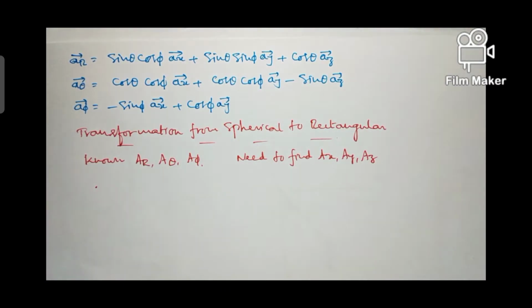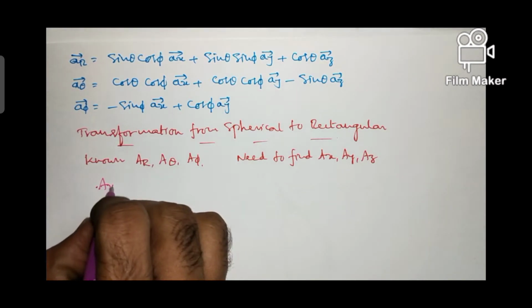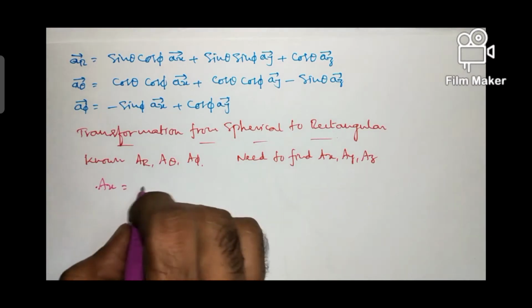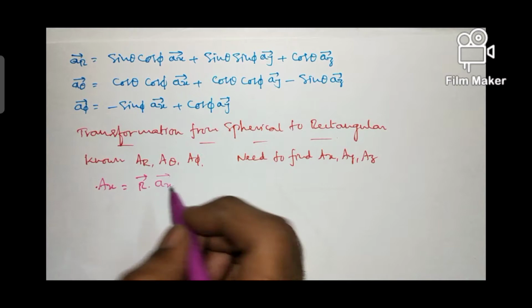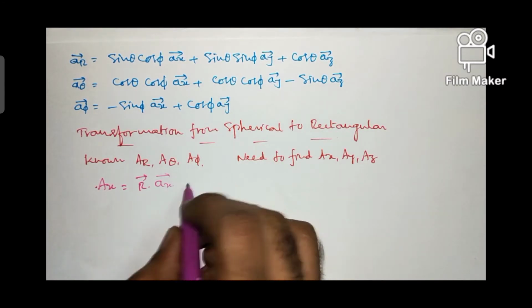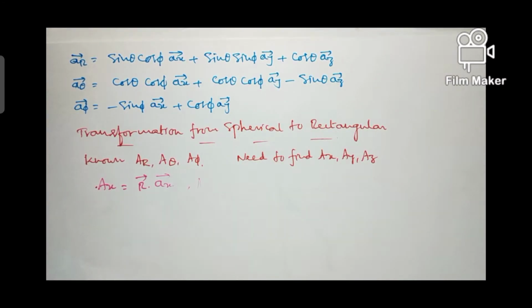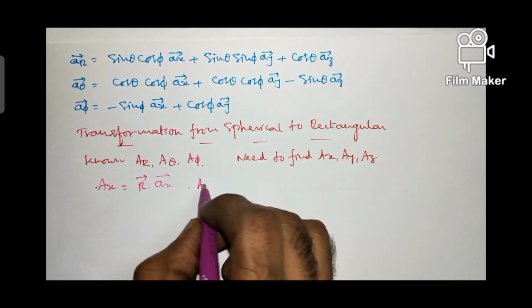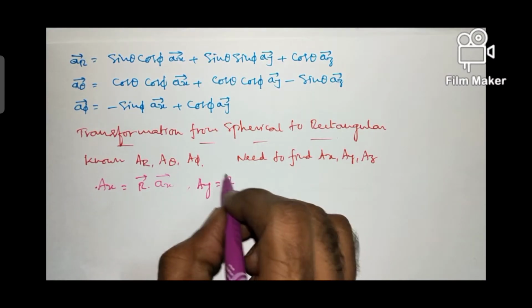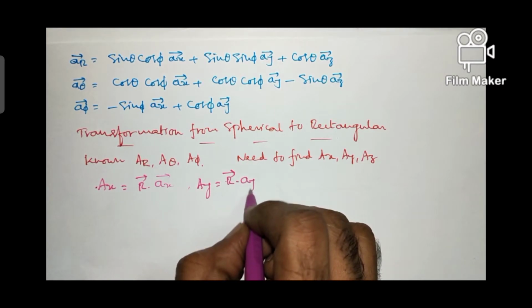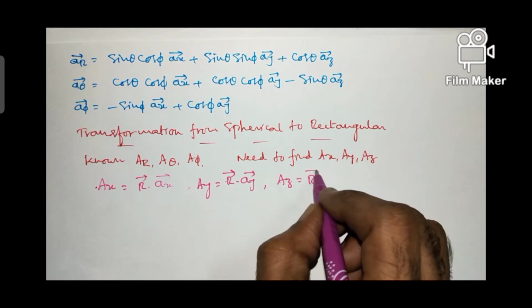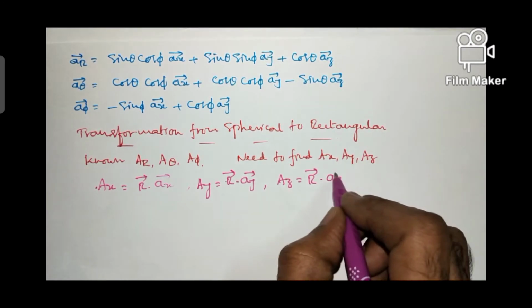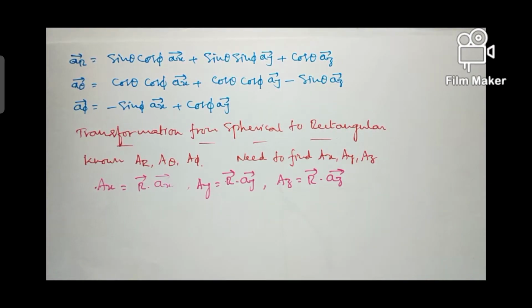And we know that in order to find a_x, we have to find the dot product of r bar and a_x bar, the unit vector along the x axis. Similarly, a_y is the dot product of the vector r bar and a_y bar, the unit vector along the y axis, and a_z is r bar dot a_z bar, the unit vector along the z axis.